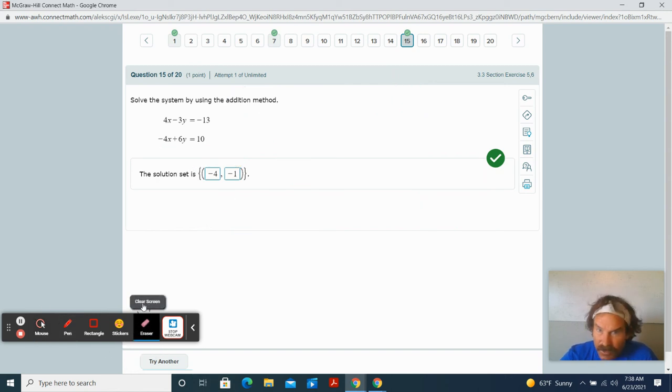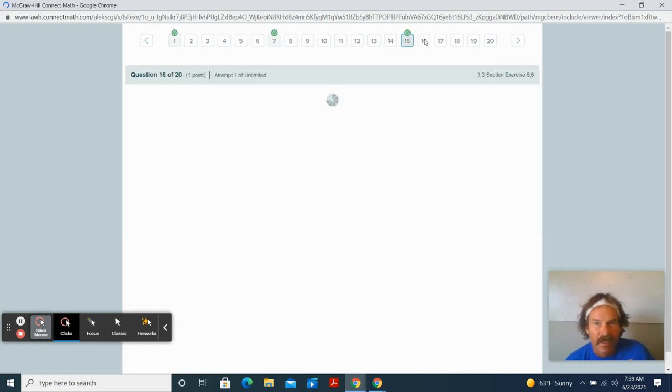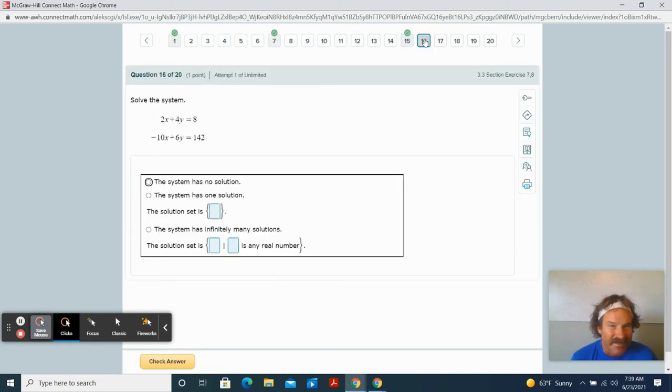Are all problems set up for you to use the addition method? It'd be nice if they were, but they aren't. We have to do a little bit of rearranging in some of the problems. So like this one here, it's not really set up to use the addition method. It just says solve the system.